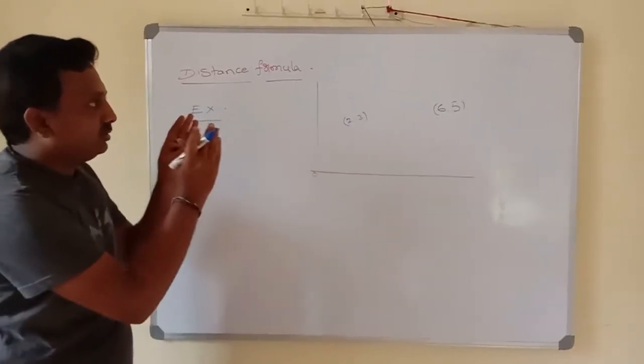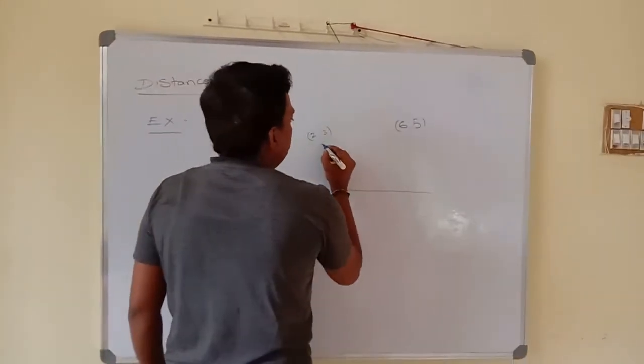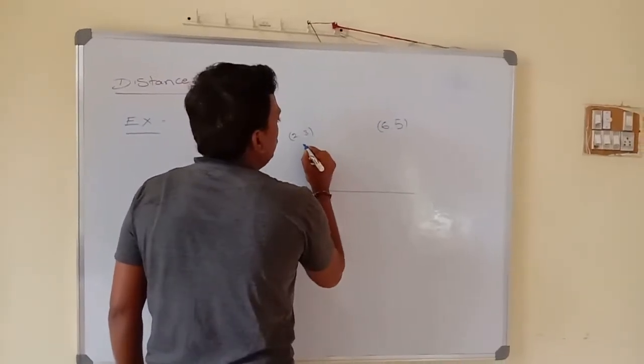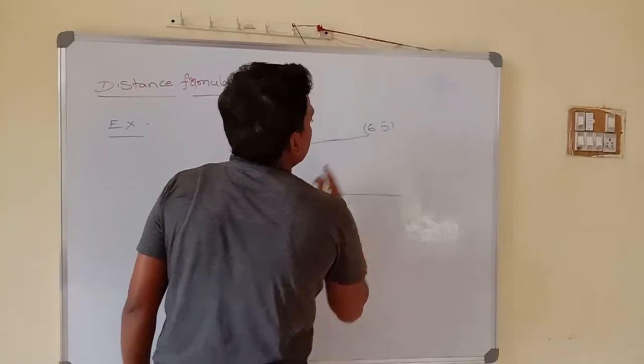How do we get the distance between the two points? Observe this example. Join the two points.